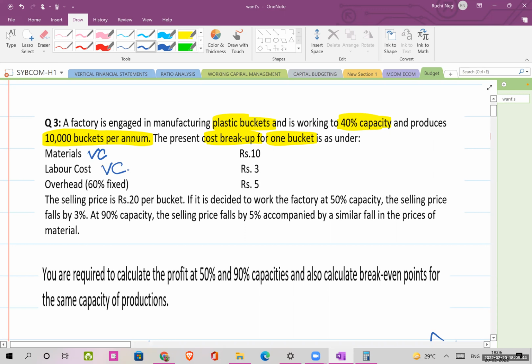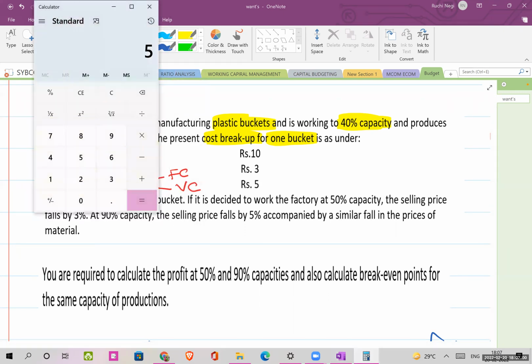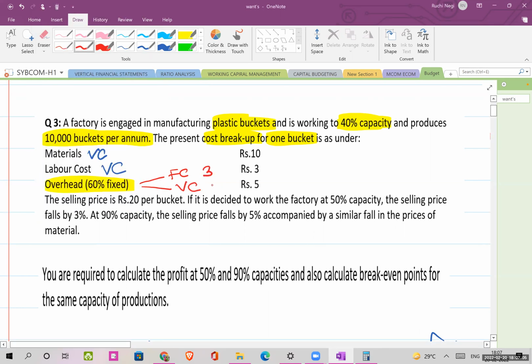Overheads, they have said it is 5 rupees and it is 60% fixed, and the balance 40% is variable. So 60% of 5 rupees is 3 rupees, and the balance 2 rupees is variable cost. Selling price of the bucket is 20 rupees.